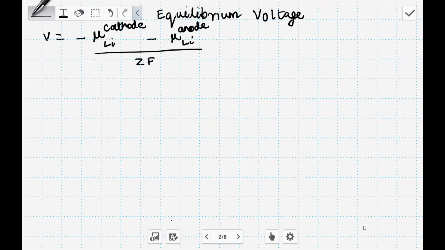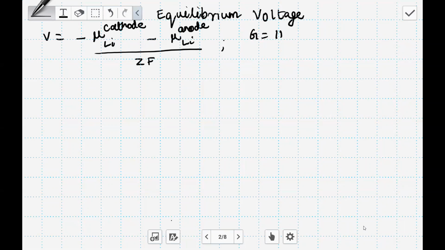Okay, so let's understand this. What is it that we are trying to say? Sometimes students do not have a feel for chemical potential. Let's even simplify this equation. Typically, for most cases, G is equal to H minus TS, right?